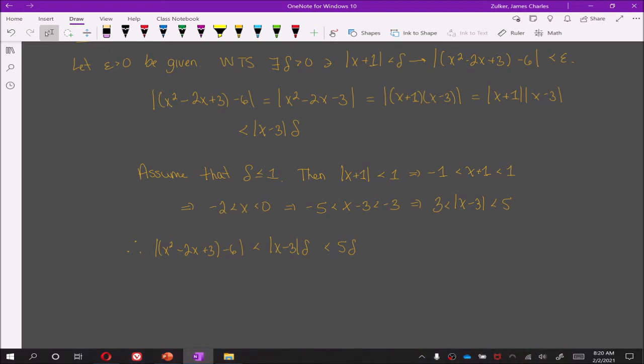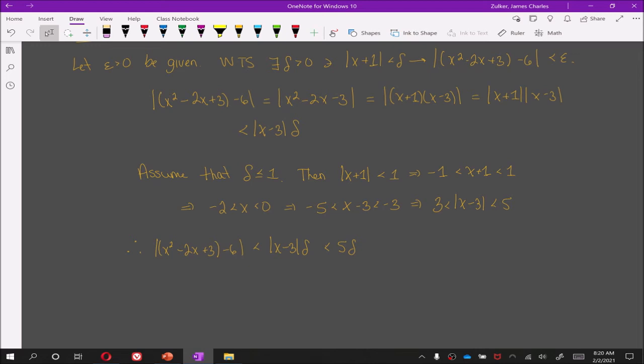We were assuming that delta was less than or equal to 1. Now this work here works out if delta is equal to 1. So as long as epsilon over 5 is 1 or less, then all of this work is fine.